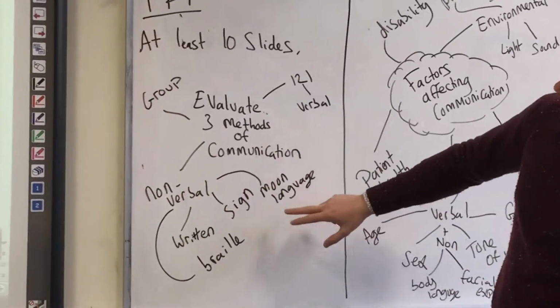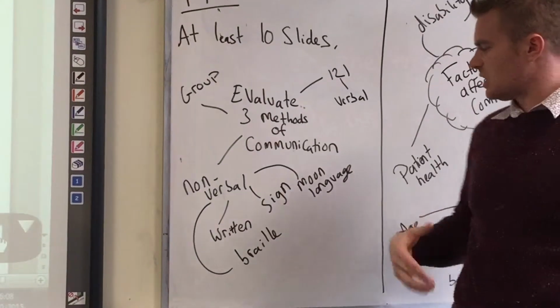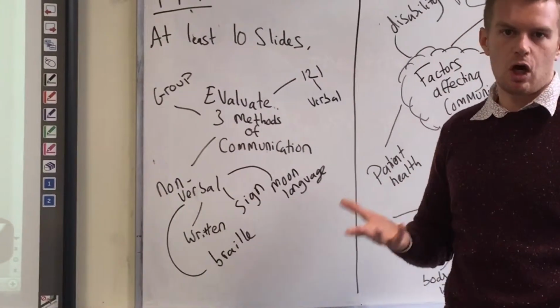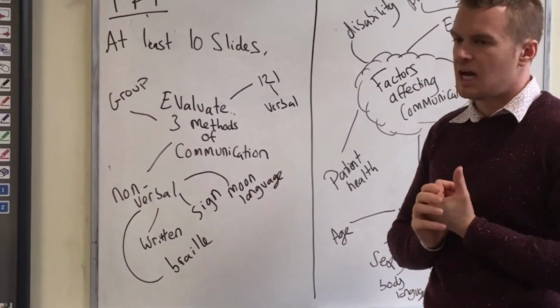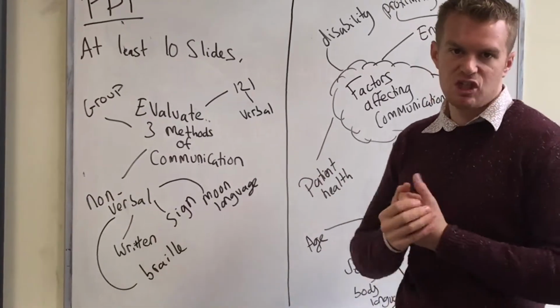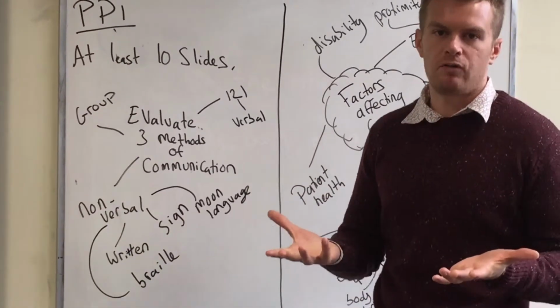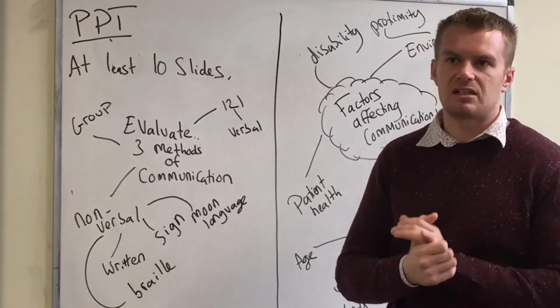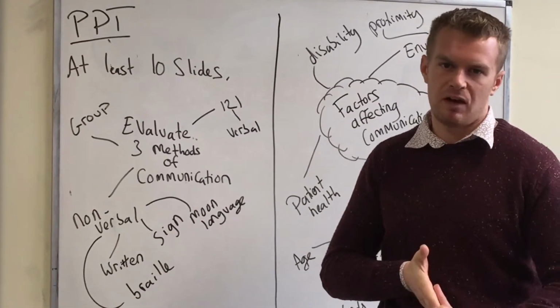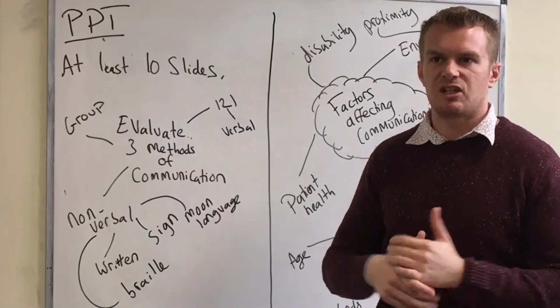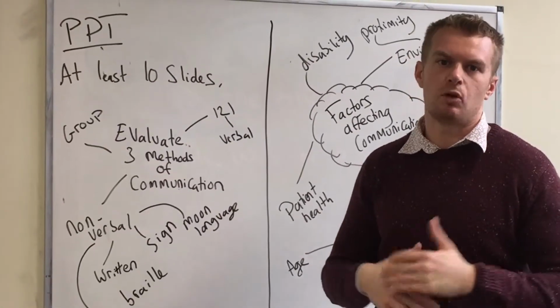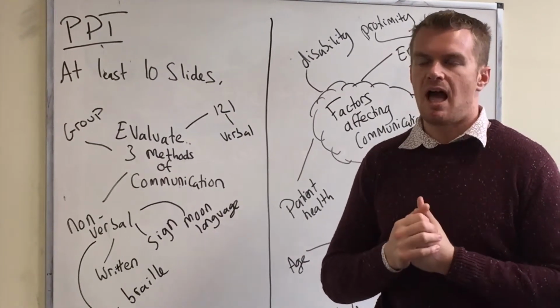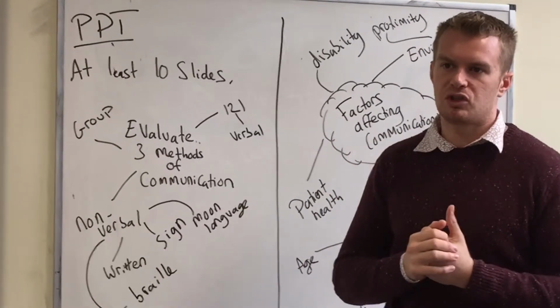Sign language is another form of communication method. If someone's got hearing loss, we know that already, you can maybe use sign language. Or we have written communication, which is another form of non-verbal communication. Written is quite good because you can express yourself without having to think carefully as you speak. It gives you more time to write things and make sure you get your points across.